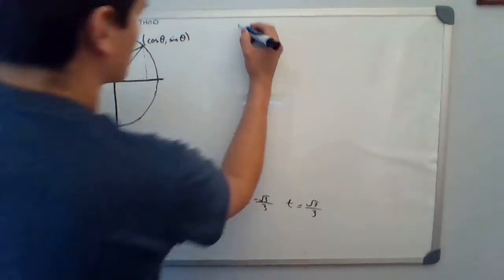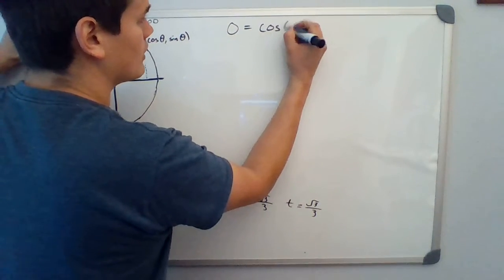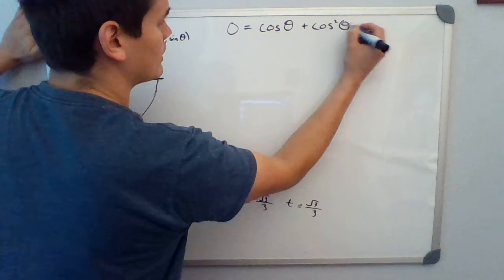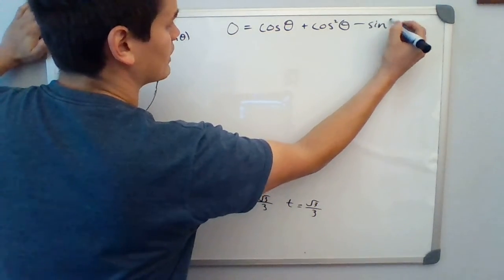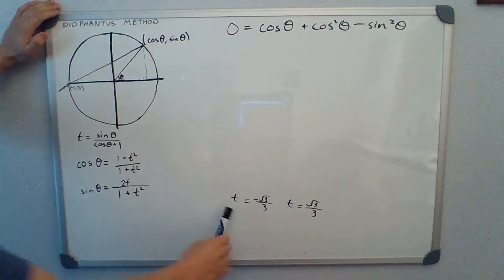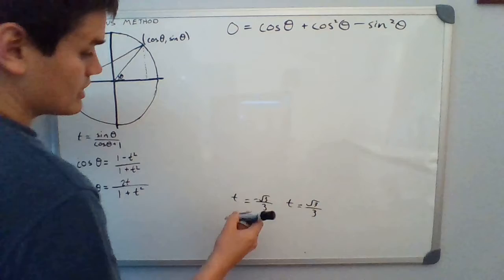I think the original problem was 0 is equal to cosine theta plus cosine squared theta minus sine squared theta. And so we did our t substitution here, and we got these two values for t.